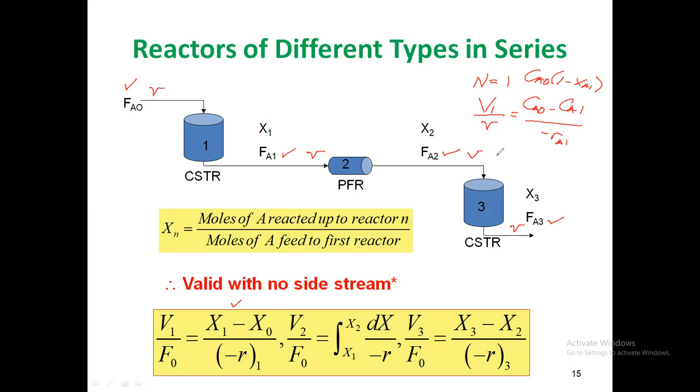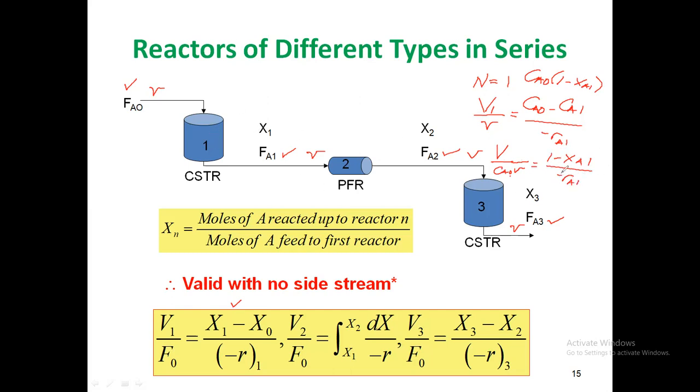So you will have now v over CAO, small v. This one would be now the molar feed rate, and you are left with 1 minus XA1 divided by the rate in this first CSTR.